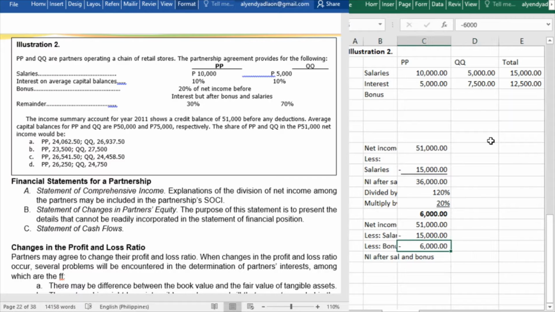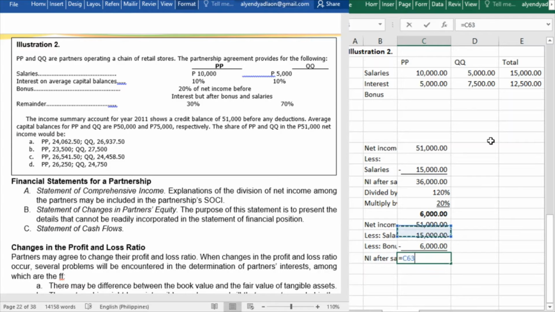That is 51,000 minus 15 minus 6, that is 30,000. If you multiply that by 20%, 30,000 times 20%, we get 6,000. So here is the computation for the 6,000 after bonus.